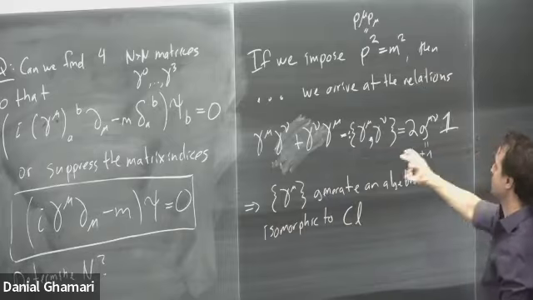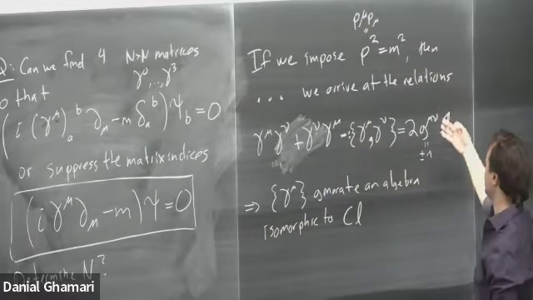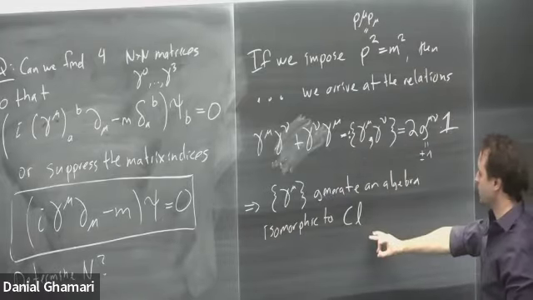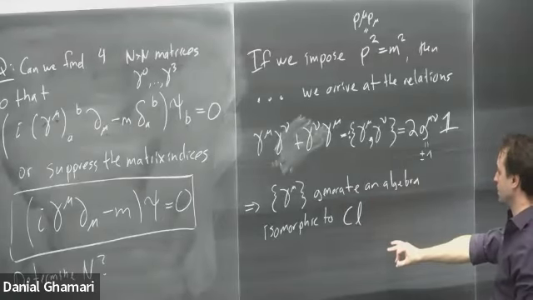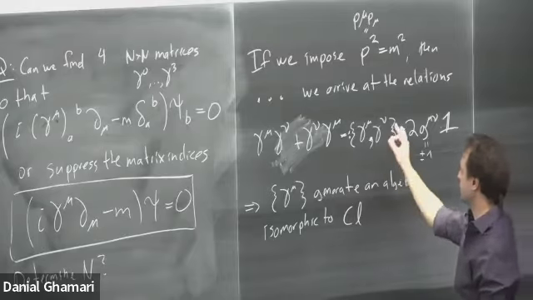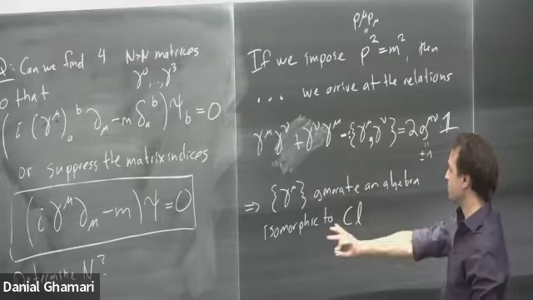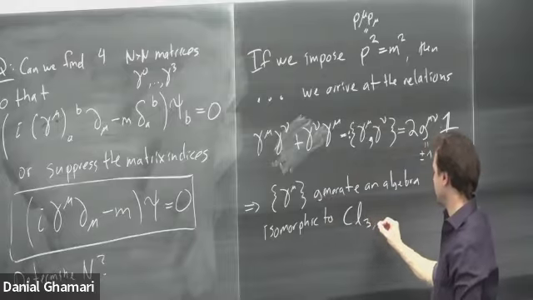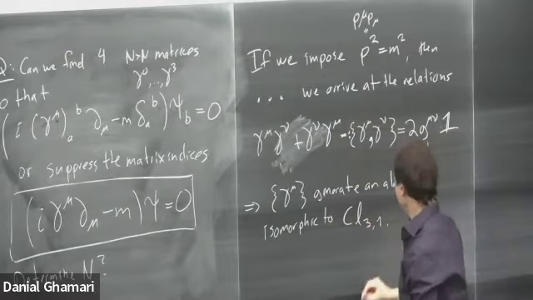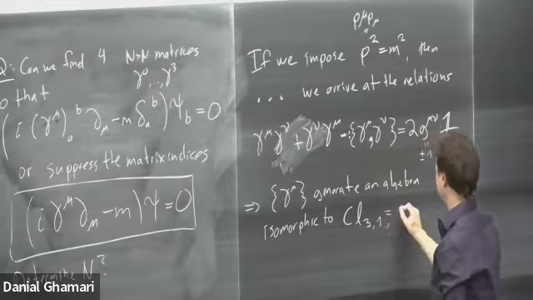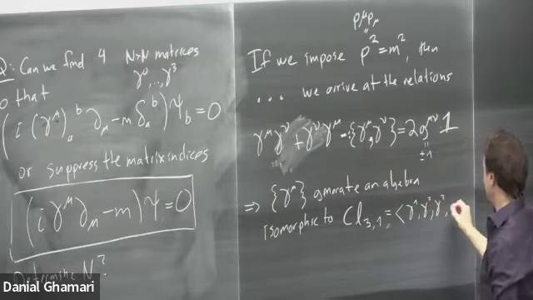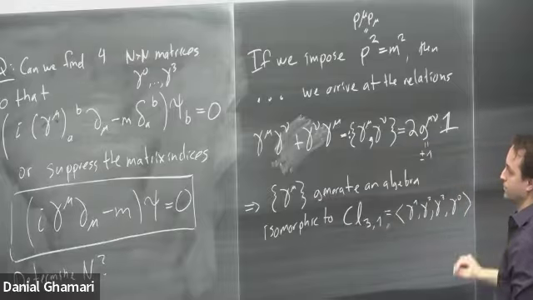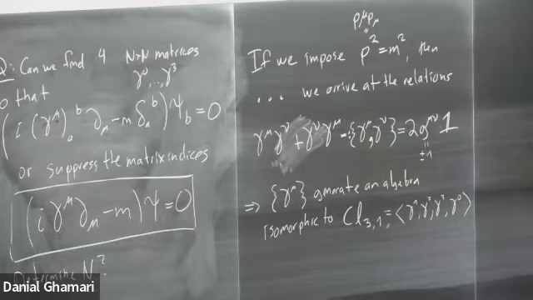So the spatial gammas are the things whose squares are negative. In our Clifford algebra, we always put the things whose squares are negative first. This is just the convention you started with, and I'm going to keep to that. So the algebra these generate is isomorphic to CL3,1. You have to write them in the correct order: gamma 1, gamma 2, gamma 3, and then gamma 0 is the one that squares to 1. Okay, so Clifford algebra has shown up.